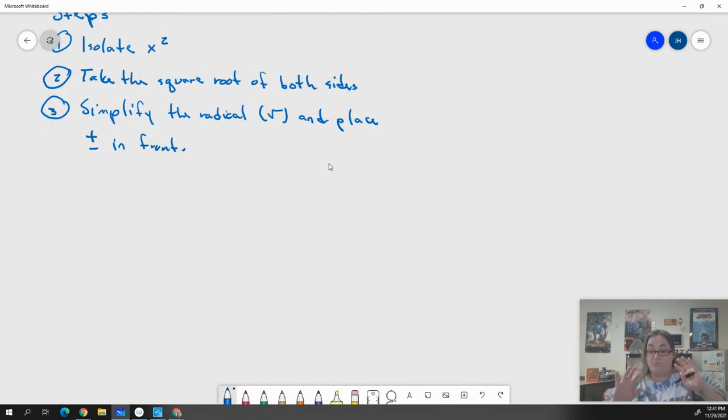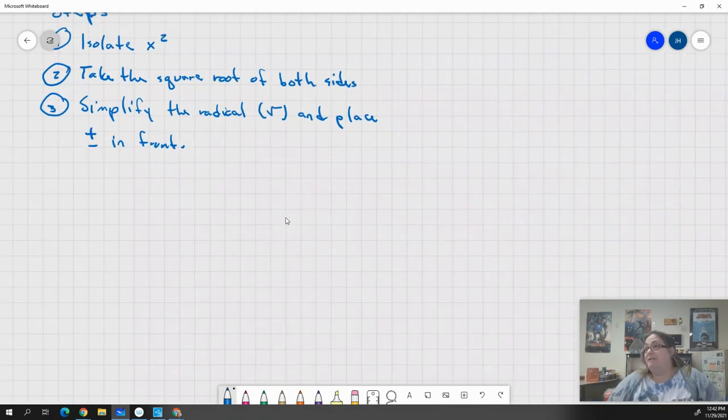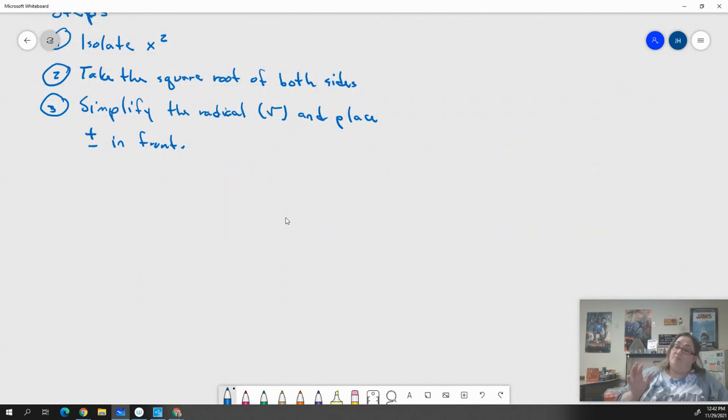So let's look at this in real world problem solving, because steps are great once you see them being used. So let's start with our first example. We will say we have x squared minus 64 equals 0.